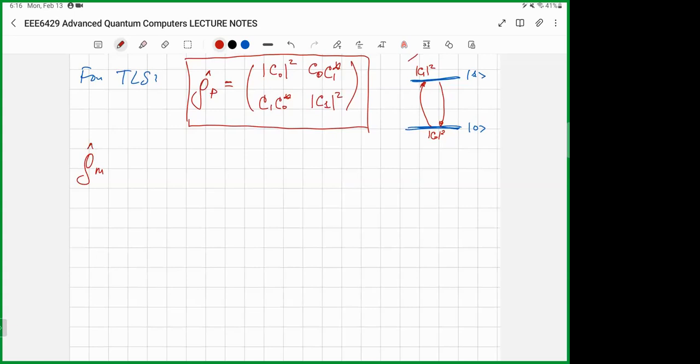In the mixed state, we don't have these off-diagonal elements, so we will get something like this: C sub 0 squared, then 0 here, and C sub 1 squared.